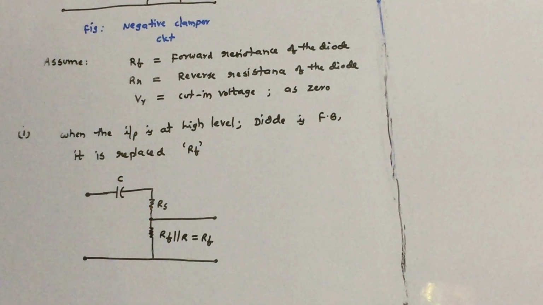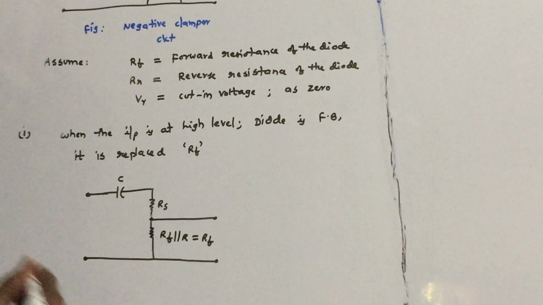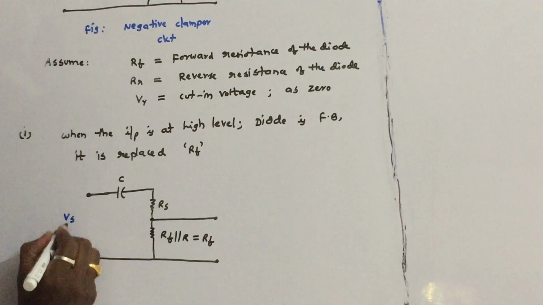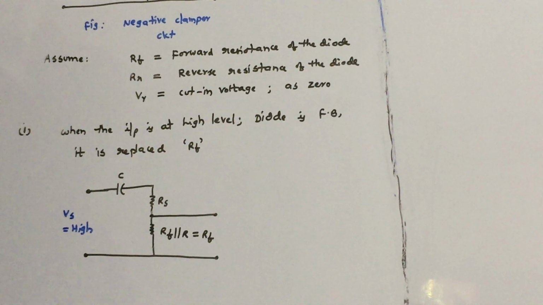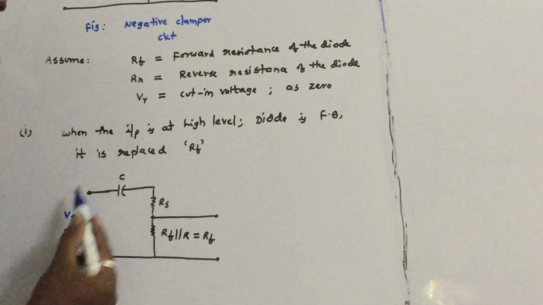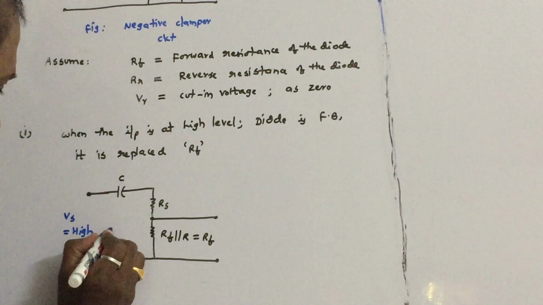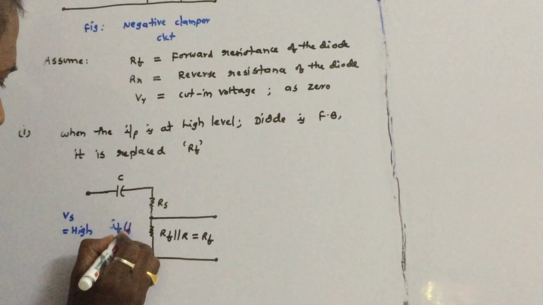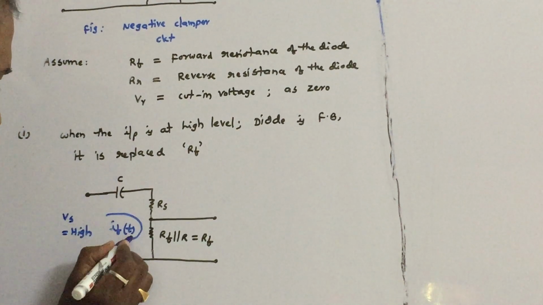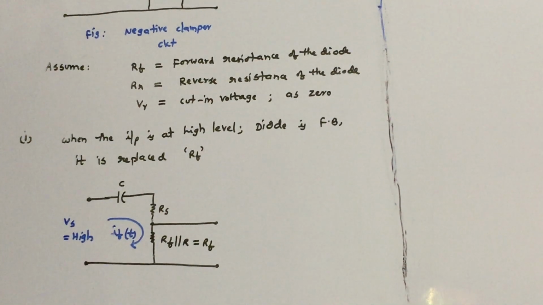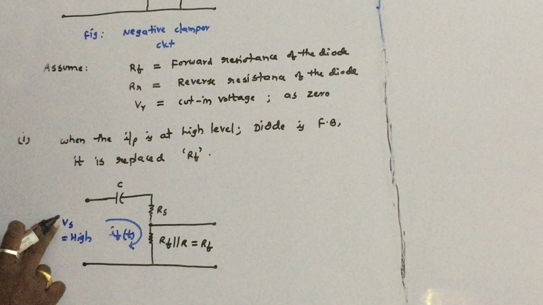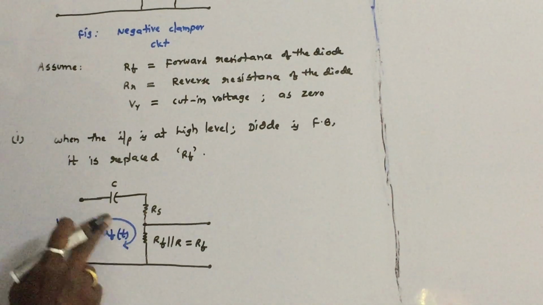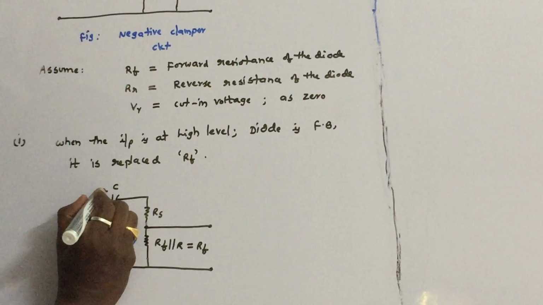So this is the circuit. It is clearly mentioned that when Vs is at high level, the diode is in the on condition, so this equivalent circuit will result. Let us assume the current flowing in the circuit is like this. Another important point is that during this period when the input is high, the capacitor charges with polarity like this.